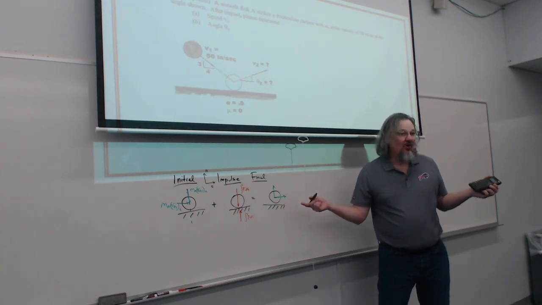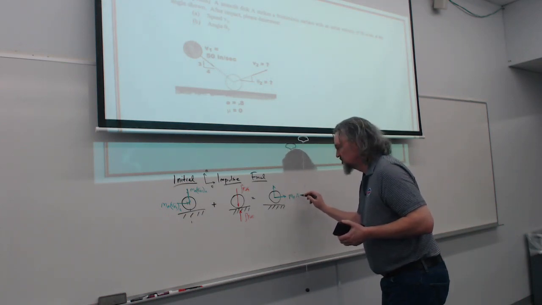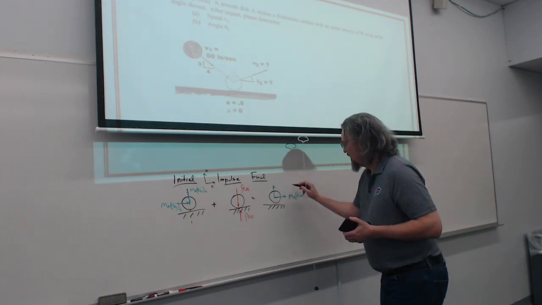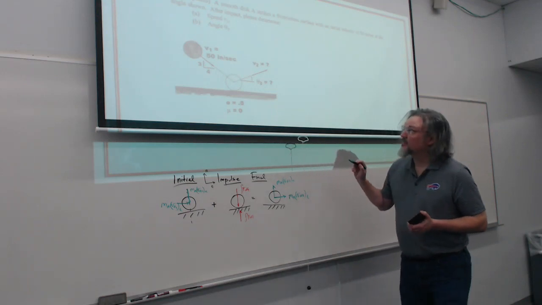No impulse, so what we will find is that the velocity in the tangential direction is going to be the same. And then right here, mass of A times the velocity of A in the normal direction.